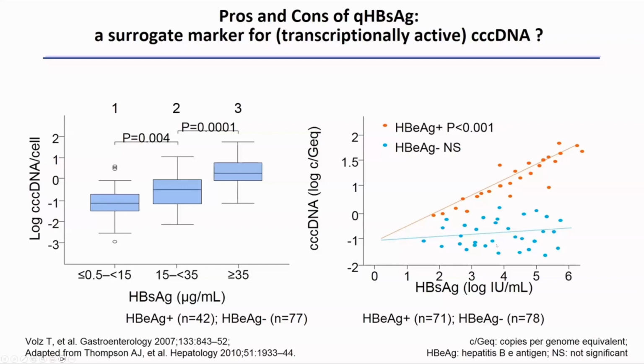But in e antigen negative patients, on the right side panel, the relationship is not there, with no good correlation between serum HBs antigen levels and the cccDNA in the liver. So integrations are the major source of HBs antigen in e antigen negative patients.